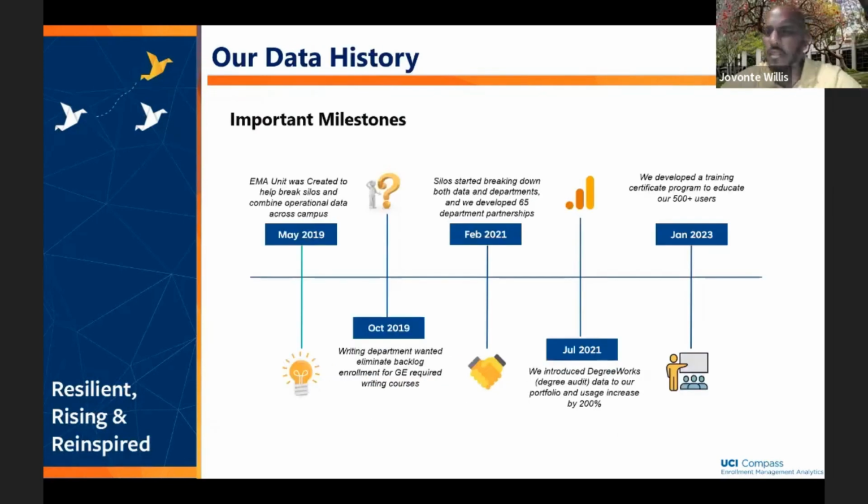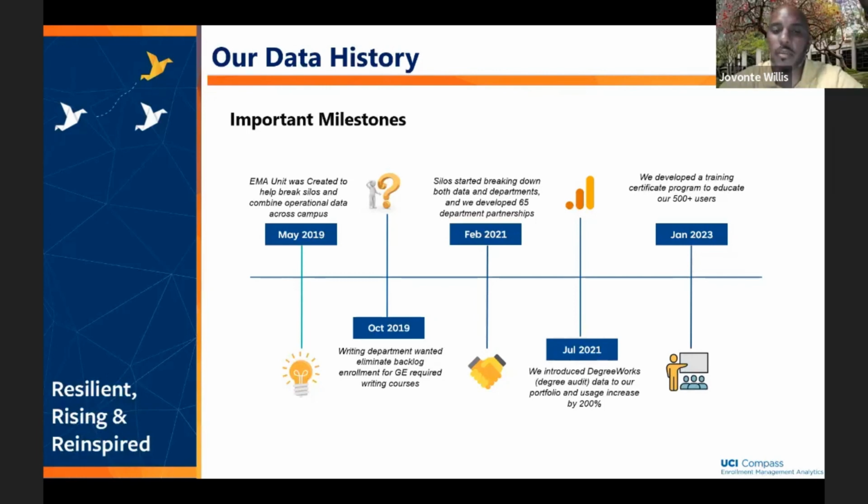Now, just some real quick milestones about how we got to where we are. In May 2019, the EMA unit was created. The purpose of this unit was to go out there and try to break down silos, whether data or operational.